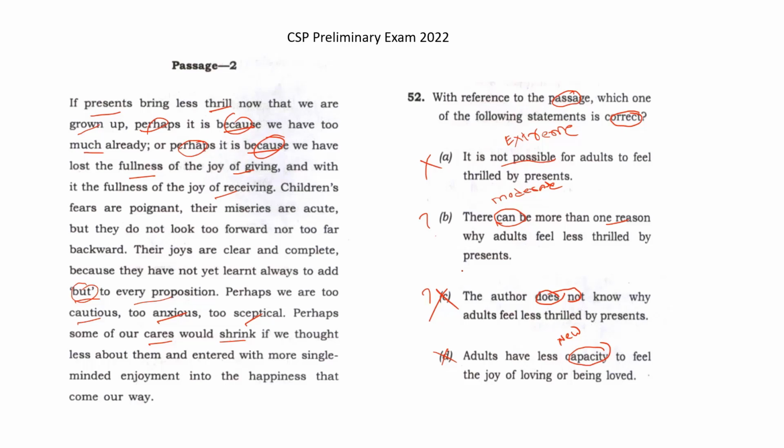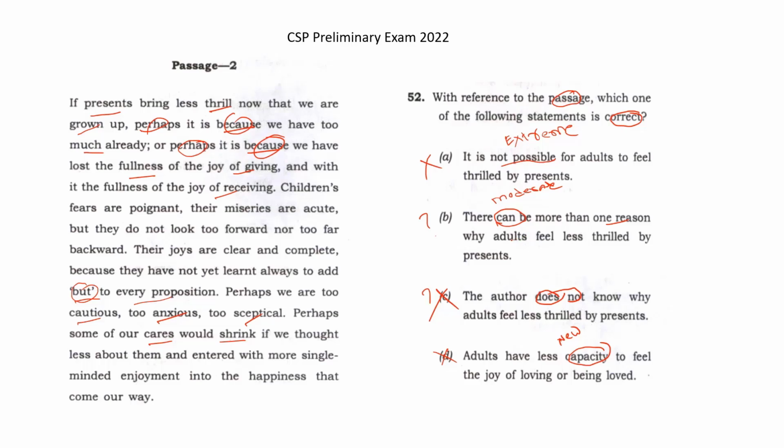Now let us look at option B. There can be more than one reason why adults feel less thrilled by presents. Do you see full support for option B? Yes. More than one reason.